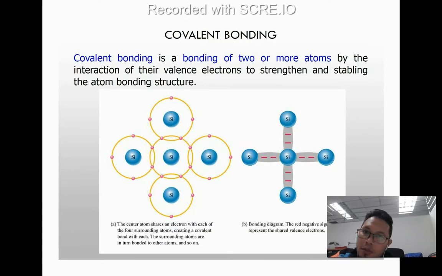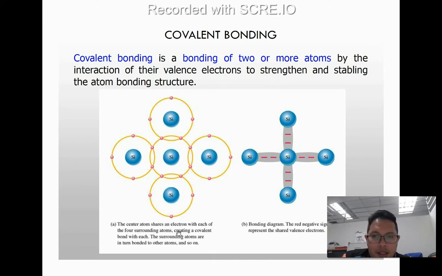So next, covalent bonding. Covalent bonding is a bonding of 2 or more atoms. This is done if we take the subject chemistry, or chemical, in secondary school, your SPM. It works by the interaction of valence electrons to strengthen and stabilize the atom bonding structure.